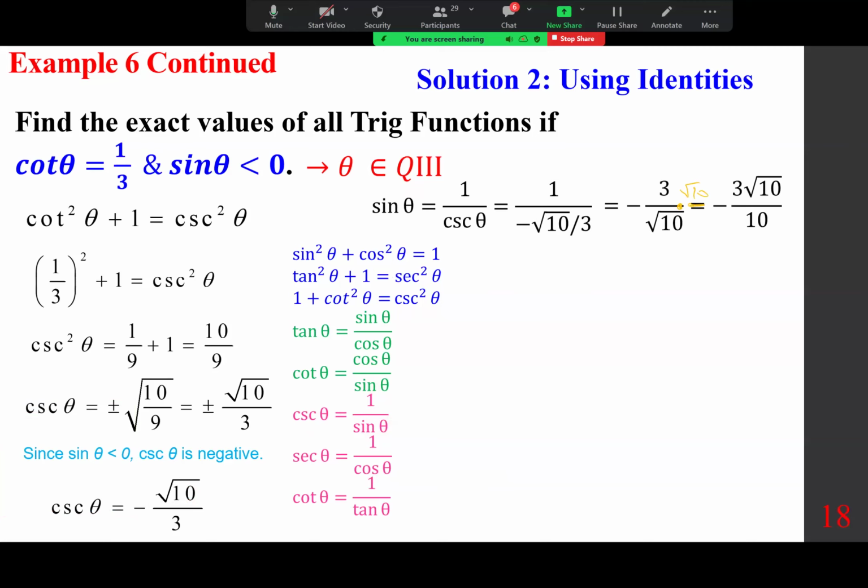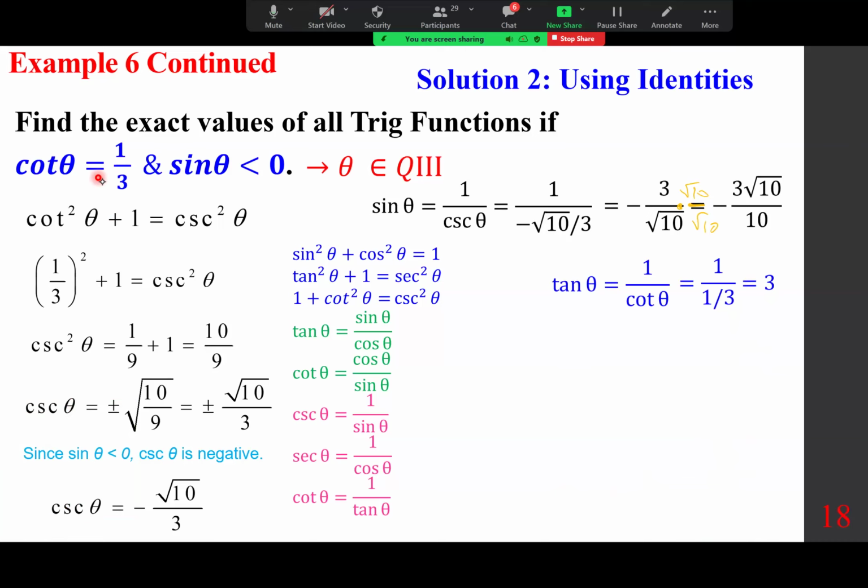By now, you should have no problem with rationalization. You've seen it many times before. Okay, so we have cotangent theta as 1/3, which means tangent must be 3 over 1, or simply 3.